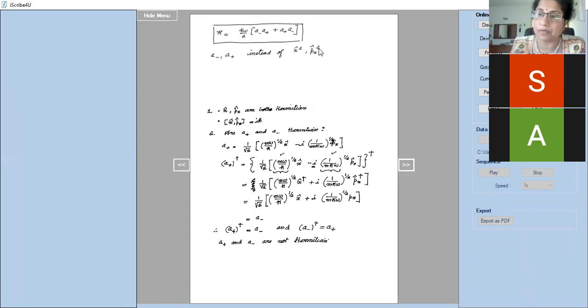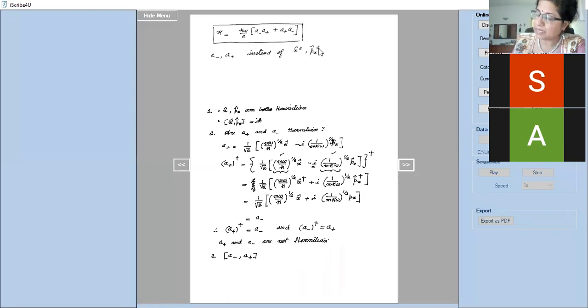They are that important. Since I've been harping on commutation all the time, we need to figure out what is the commutation between A plus and A minus. In fact, we will do the reverse: we will find out the commutation between A minus and A plus.